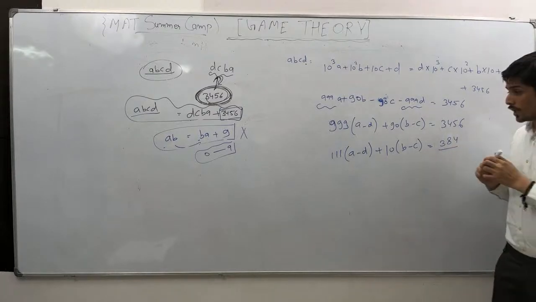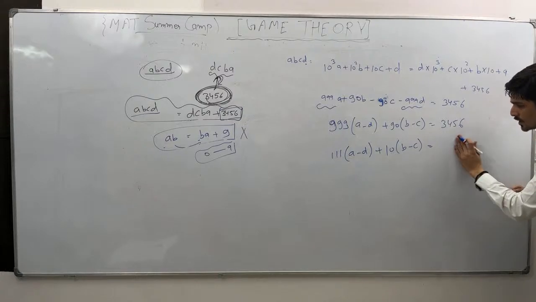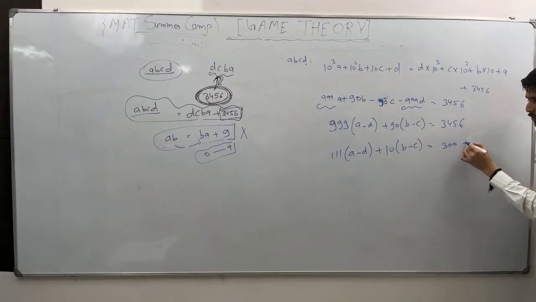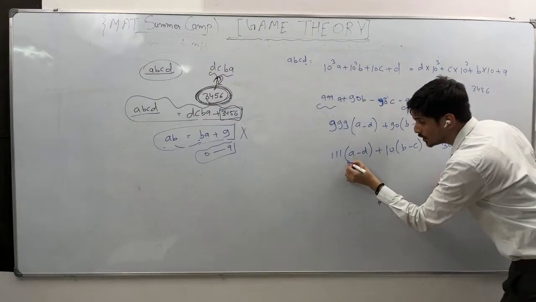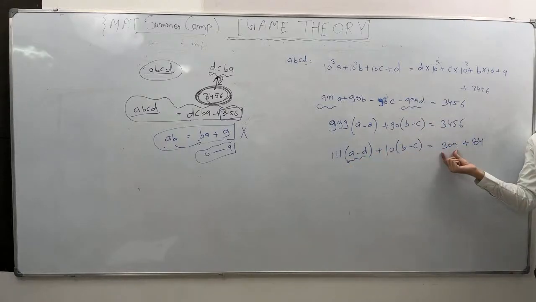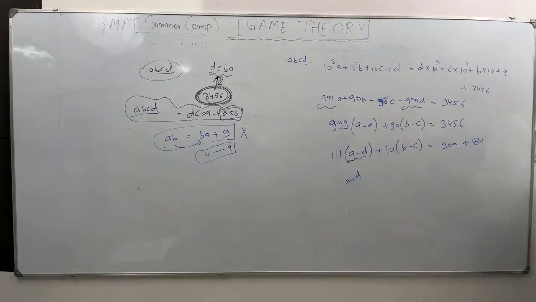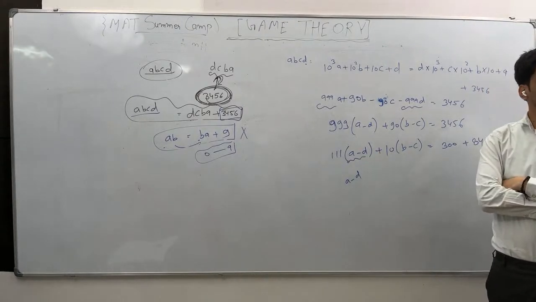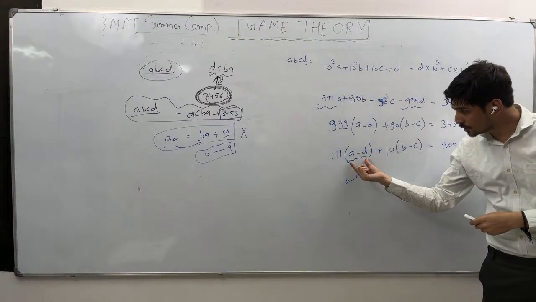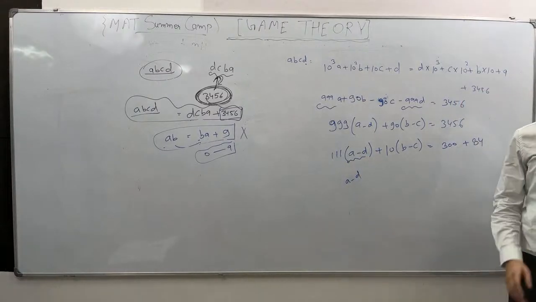Now you see, if this is 384, so this has to be something like 300 plus 84. So this only will give me this part, right? 300. So what is this difference I can have? A minus D cannot be 2. Are you getting my point? A minus D will have to be at least 3. Is it clear?